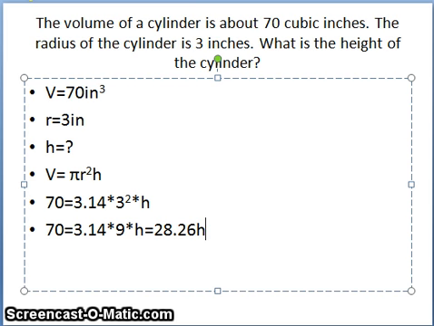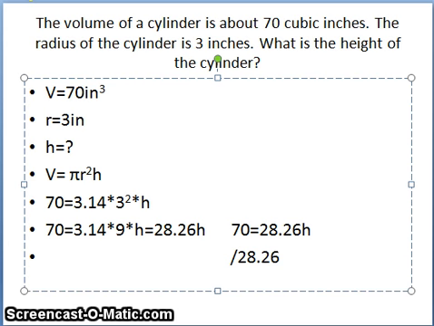So 28.26 h there. So what I've got is that 70 is equal to 28.26 h. So I'm going to divide both sides by that 28.26.